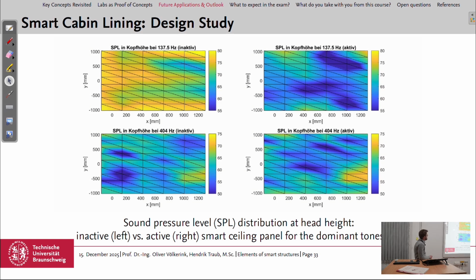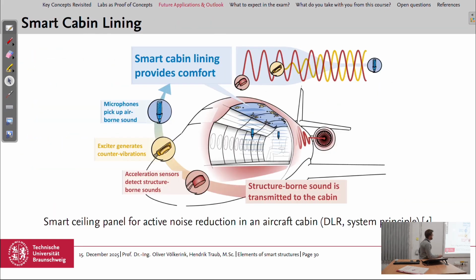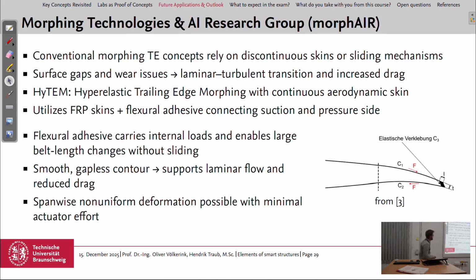And the results of the design study are shown here. So we have in X and Y direction a plane at the height of the heads of the passengers. If we look at this picture again, it would be a plane here, and different heights could be measured with the microphones.